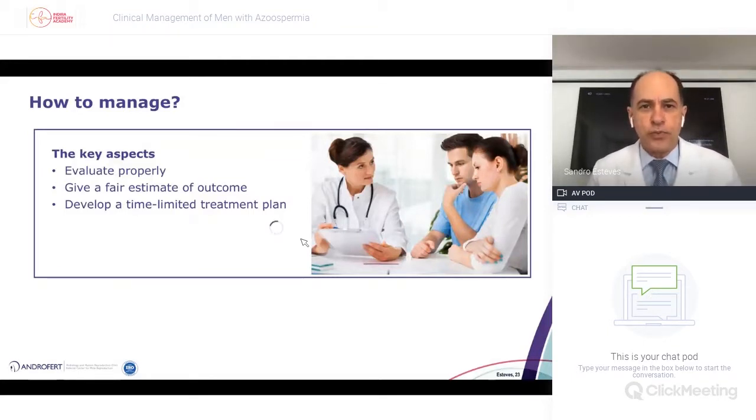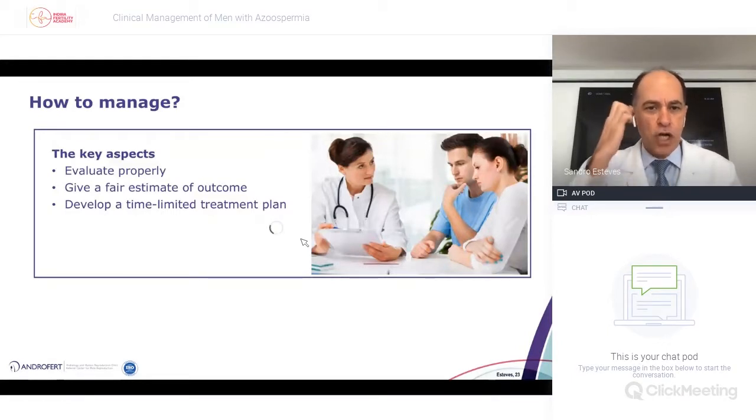But these markers are not accurate to predict whether a site of active spermatogenesis exists in the testicle. The only way to actually confirm is by doing sperm retrieval. So do not rely on FSH, testosterone, and testicular volume to deny the patient the opportunity of having sperm retrieval.